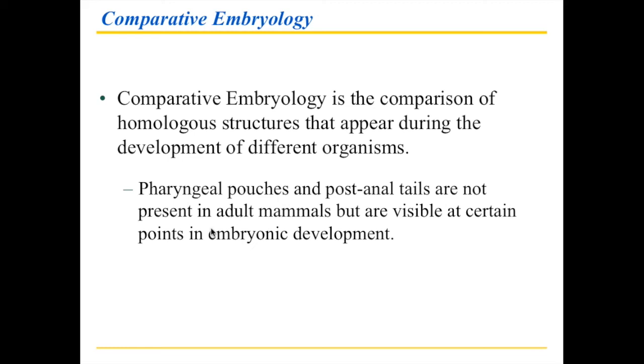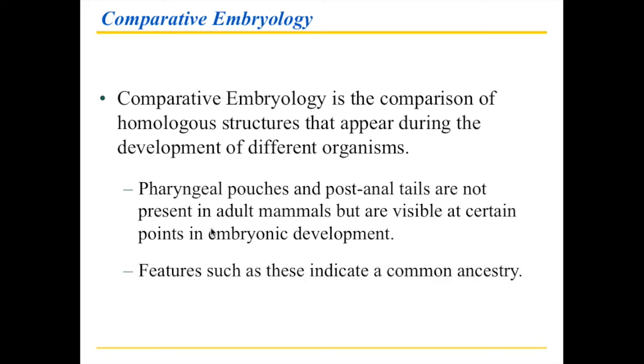But yet in development we have them, even though they're not present in adult mammals. So that's a very interesting thing. Why would we have these? Well, we have them, and cats have them, and frogs have them, and birds have them, and fish have them. All of us have them.